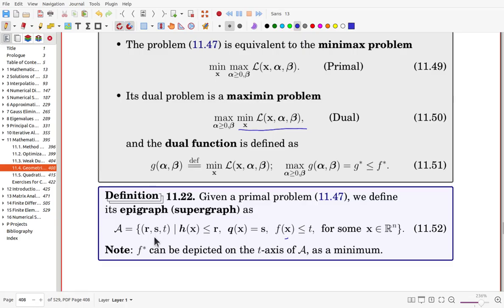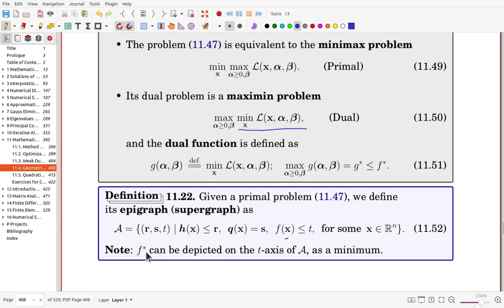So sometimes this epigraph is called a supergraph because we are considering the upper part of the objective function in expanded dimensions.